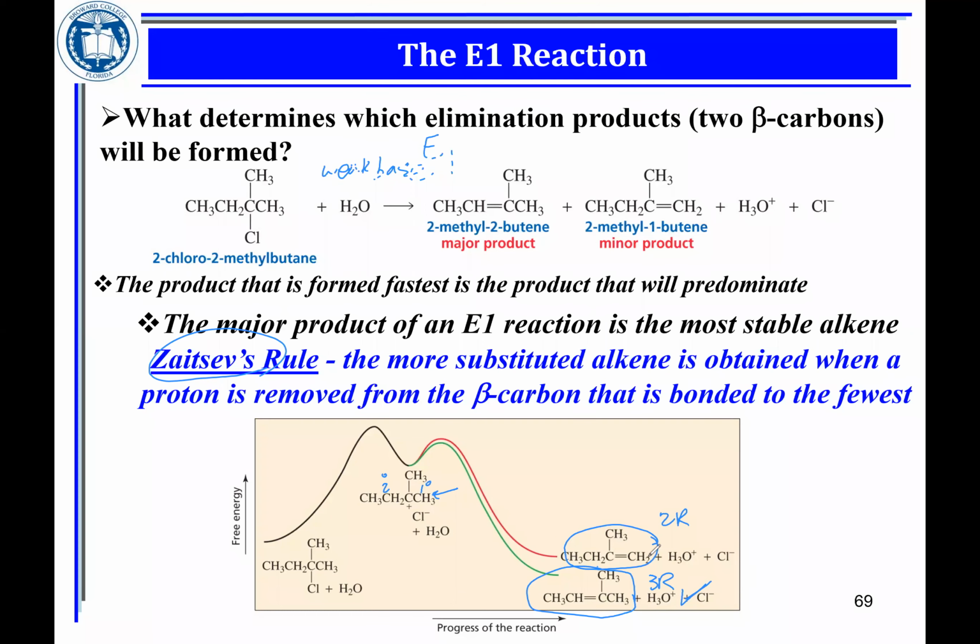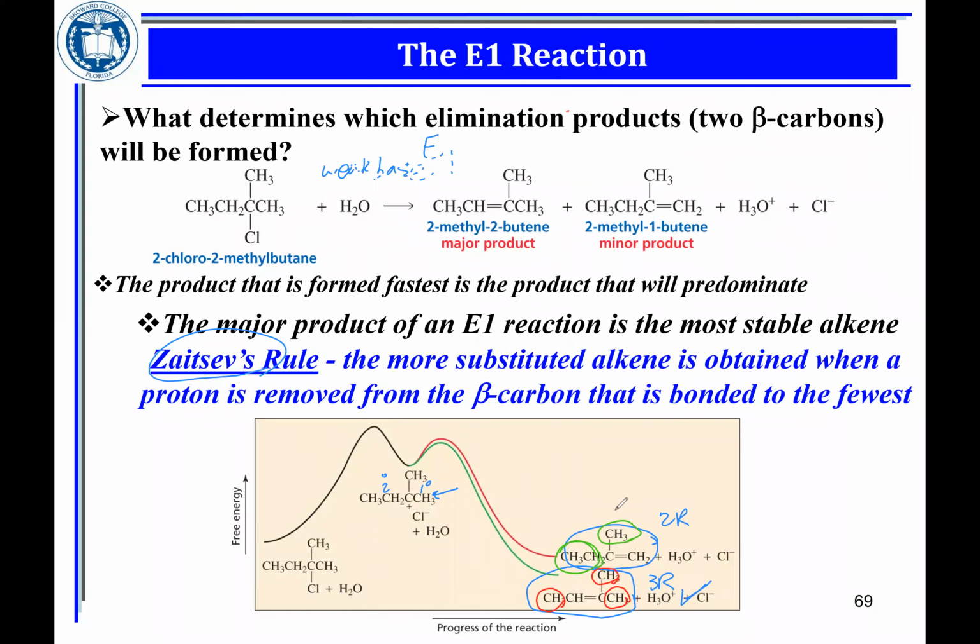Professor, the top one is 2R and the bottom one is 3R, correct? Yes. How come the bottom one is 3R? Let's try it. You have 1R here, 2R here, and 3R, the red colors. And for the top one, you have a CH3 and an ethyl group, the green colors.